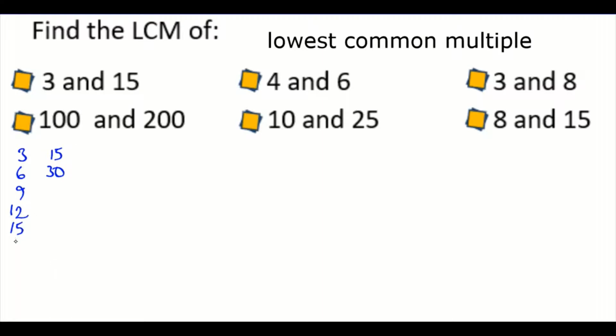So 15 is the smallest number on both lists. That is the lowest common multiple of 3 and 15. Now the way we write that is LCM and in brackets 3, 15. Looks a bit like coordinates. So the lowest common multiple of 3 and 15 is 15.